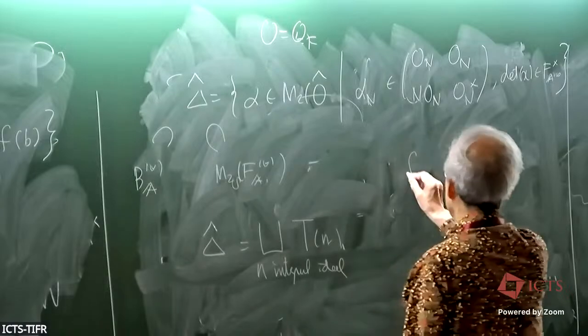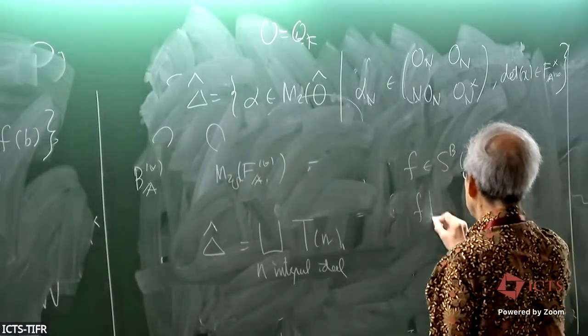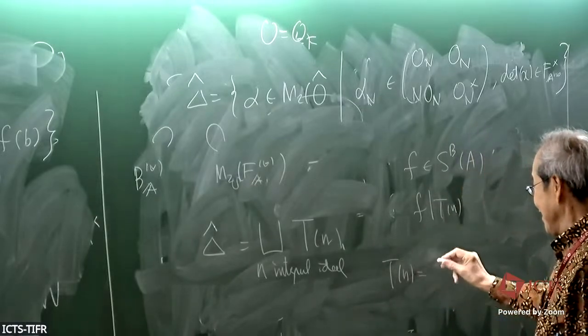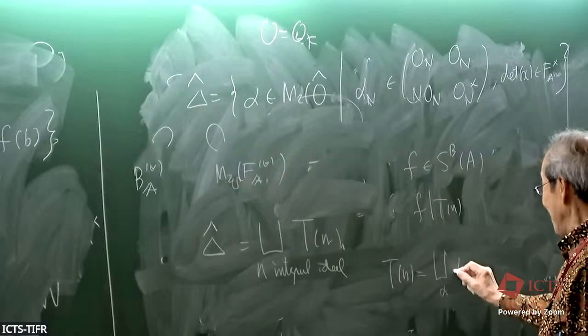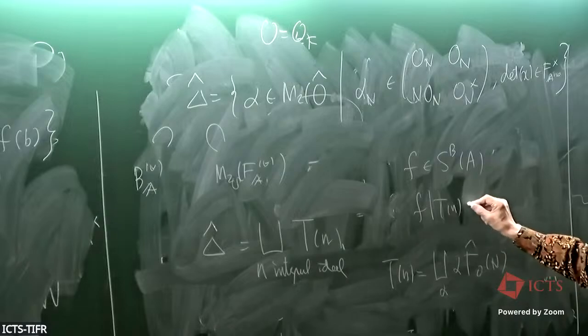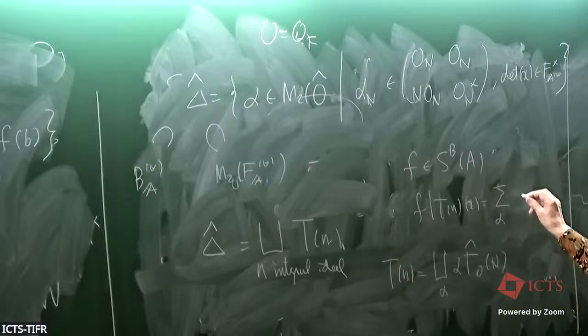And for example, for F in S_B, you apply T_n, you decompose T_n as a disjoint union of alpha gamma node hat N, then this is supposed to be some alpha, this alpha of epsilon alpha inverse.